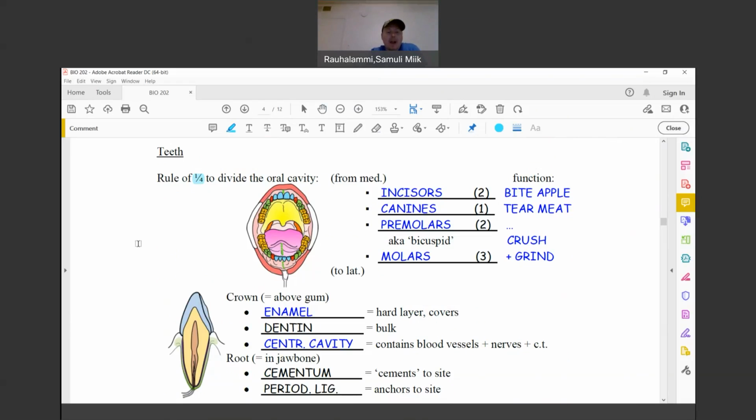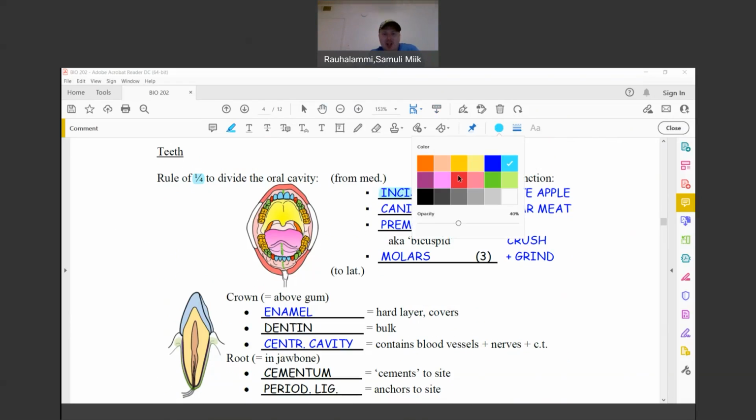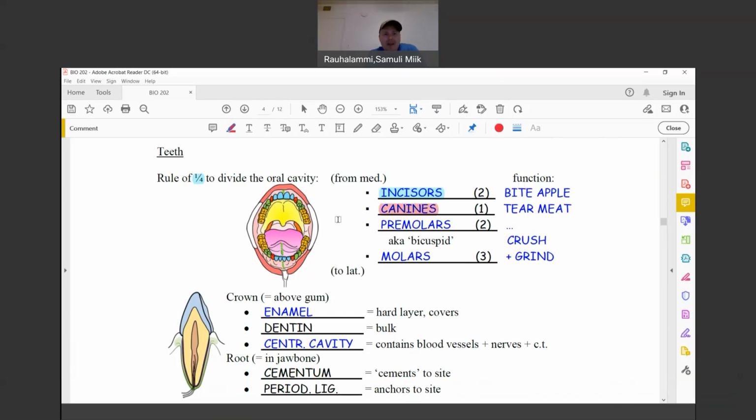So let's start from the anterior portion. There are going to be within each quadrant 2 incisors. These are chisel-shaped flat teeth that are ideal for things like biting an apple and chiseling off parts. Following that, in each quadrant, we have 1 canine. This is the evolutionary sign of our meat-eating history and meat-eating ancestors.